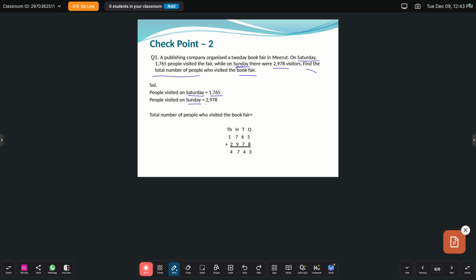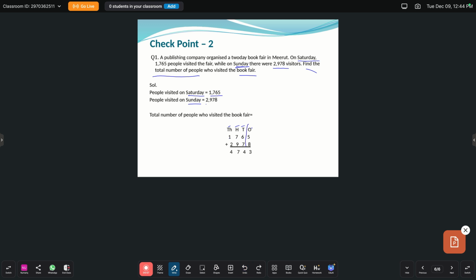So first of all, you will write the places: ones place, tens place, hundreds place, and thousands place. Under these places, you will write the addends. The first addend is 1,765, and the second addend is 2,978. Okay. Let us add them.